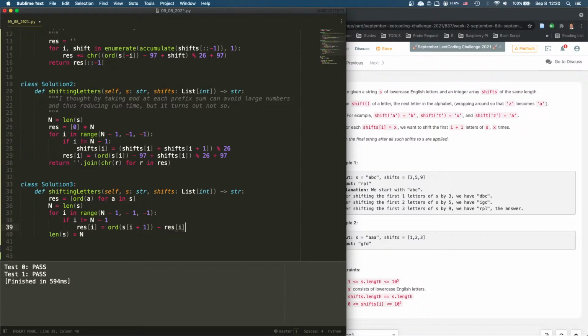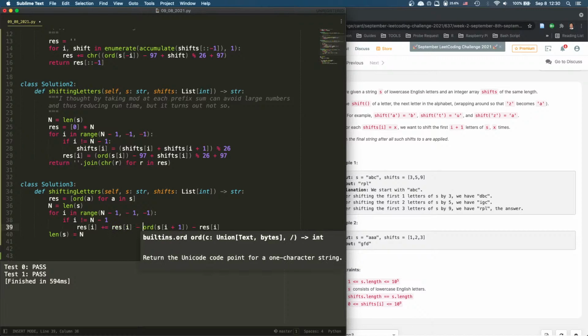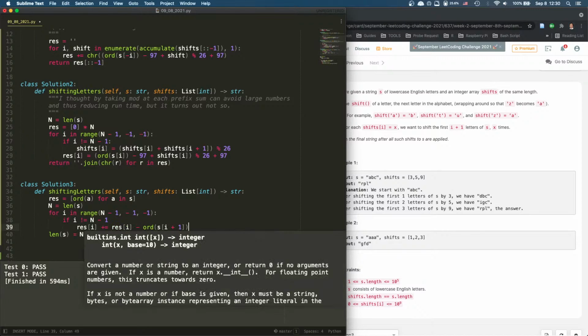Is that how it is? Or minus 1, right? So this one should be this minus this, and a plus. So it should be plus equal to res i minus this, right?